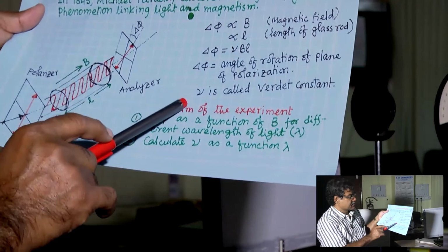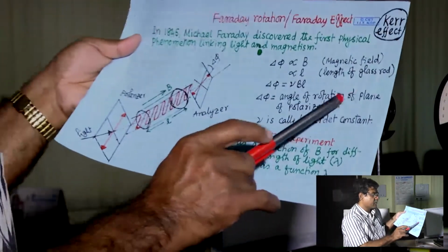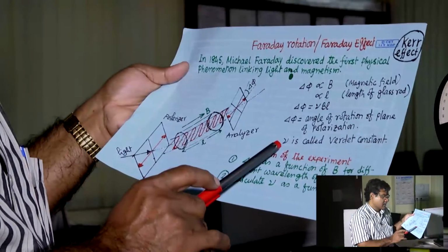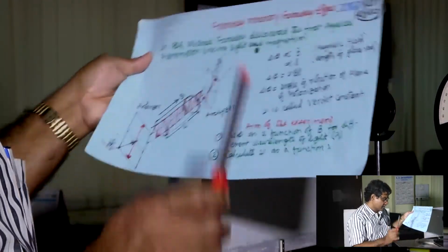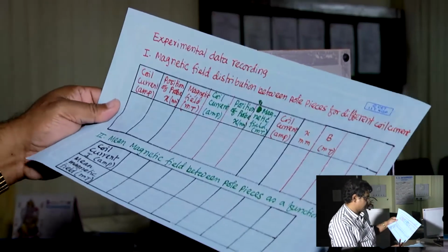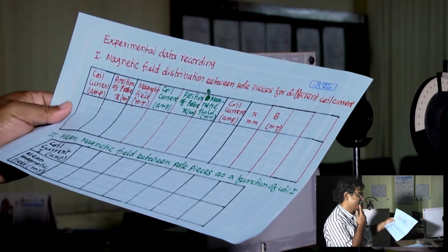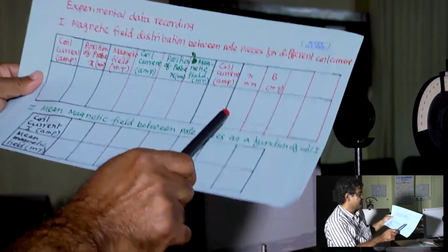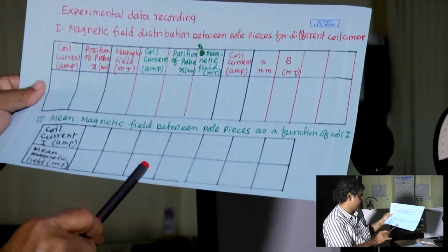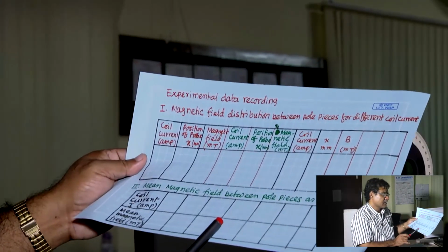But in the formula it is not coming as double rotation; it is del phi, the angle of rotation of the plane of polarization, and nu is called the Verdet constant. What the reason is exactly I forgot. B I will find out from the mean magnetic field for different coil current. So I think it has nothing to do with the 2 del phi.